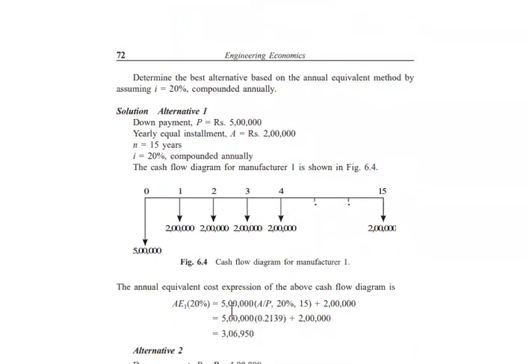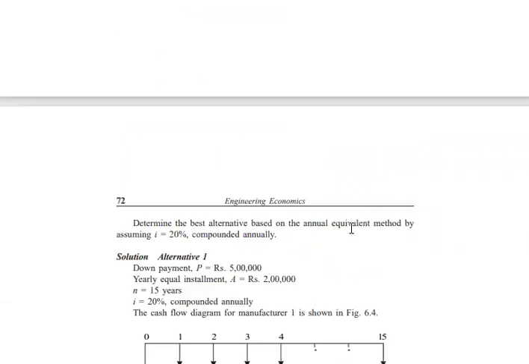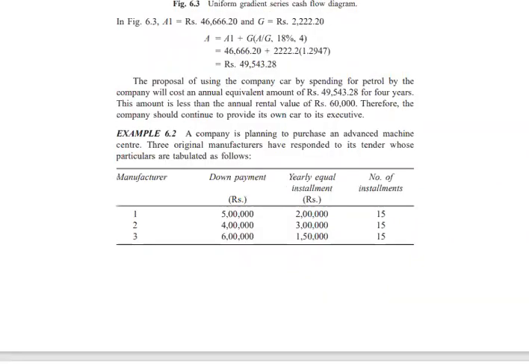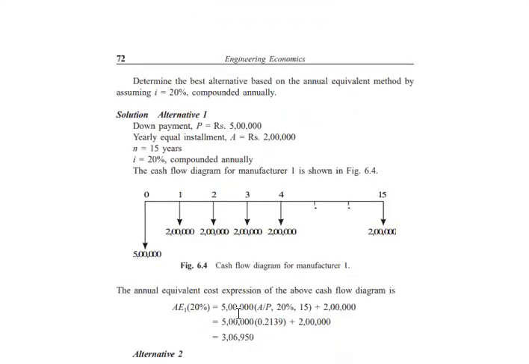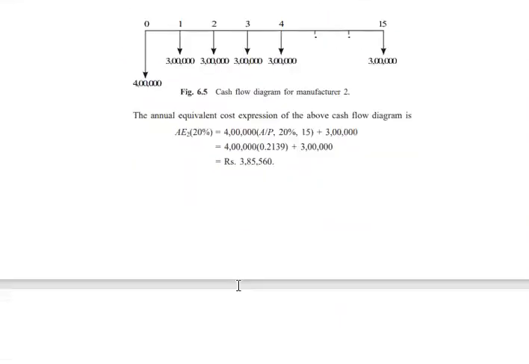So that is A, your P, that is A by P, 20 percentage and 15. So here you're having G, right? And then you're getting this annual equivalent. Okay, and then you can find your answer for the 20 percentage interest. So similarly, you can find for alternatives 2 and 3.